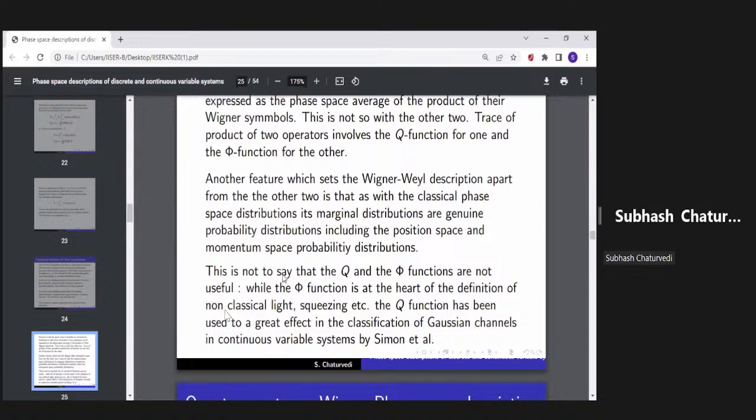That is, if I have a system, I have the density operator, I construct the corresponding Wigner function, and I integrate this Wigner function, which is not necessarily a probability distribution, but its marginal distributions. That is, if I integrate it along lines in the phase space, what I get is a genuine probability distribution.